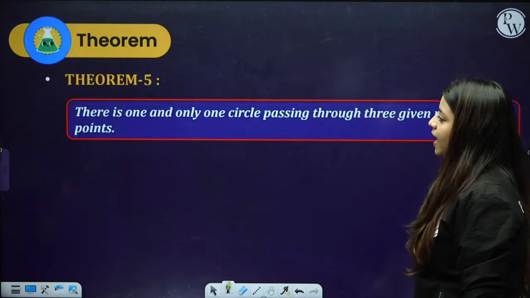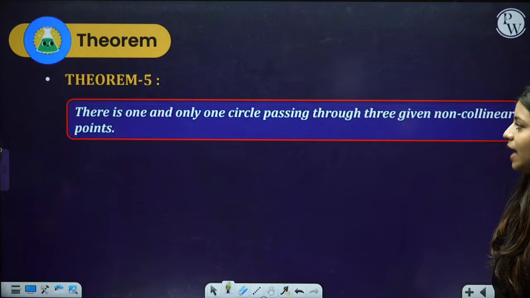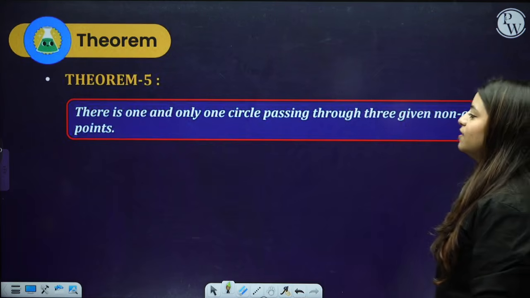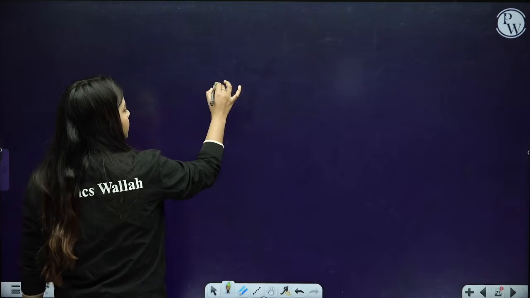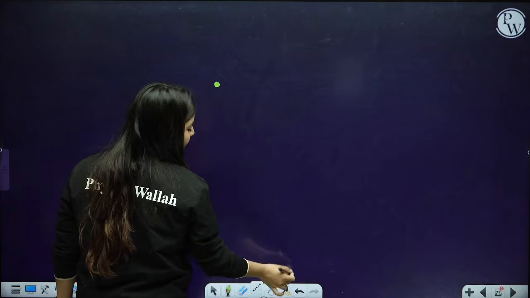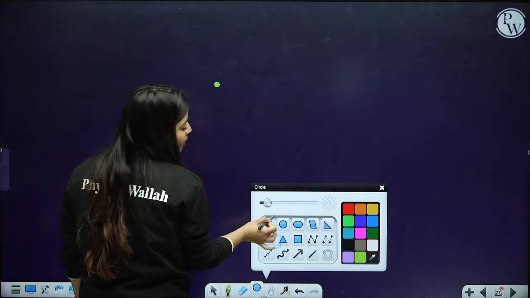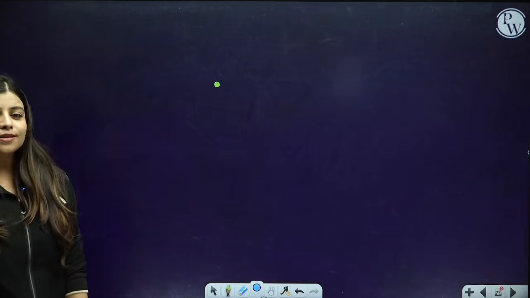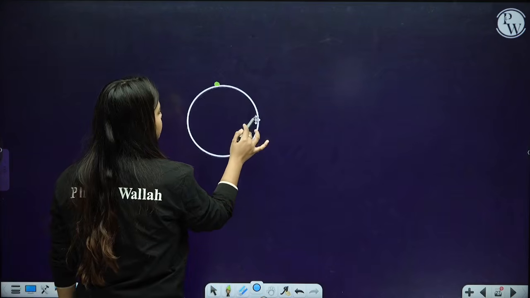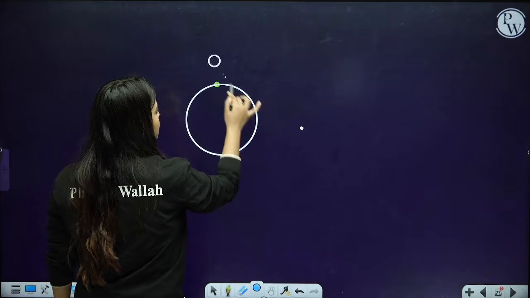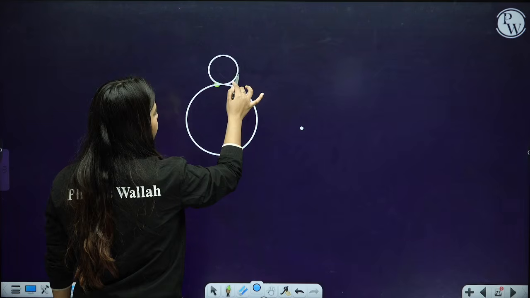The next that we have is, there is one and only one circle that passes through three given non-collinear points. Now before starting with this, let's discuss if there is 1 point, 2 points, 3 collinear points and 3 non-collinear points. If I have 1 point like this on a plane, and I ask you to draw how many circles you can draw, and all of them should pass through this 1 point, you can say infinitely many circles can be drawn.